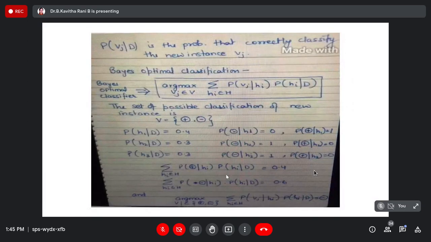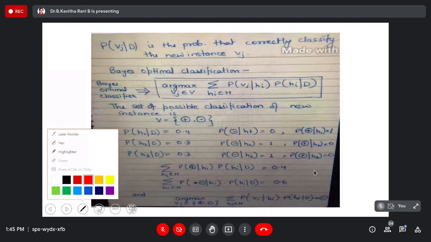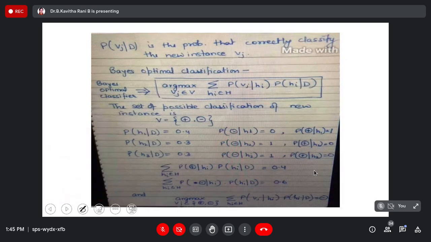We have to find for both, for positive and for negative also. The probability we have to find both for the positive one and for the negative one. So summation of the positive value, P of positive of Hi into probability of Hi by D, total data plus the particular class related, a particular hypothesis related to a particular class, that should be multiplied.